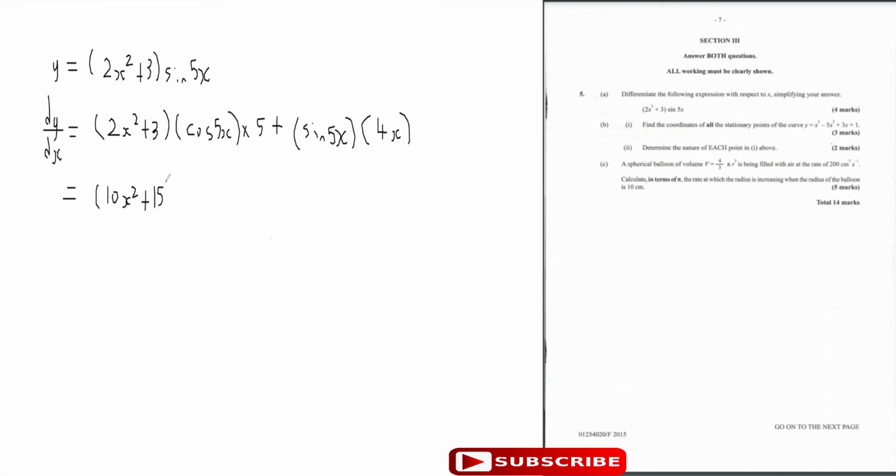So write it as 10x squared plus 15 multiplied by cos 5x, plus 4x sine 5x. That takes care of the first one. Nice and easy. That takes care of part A.